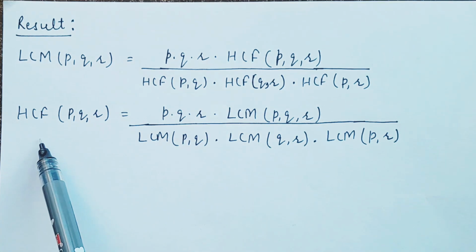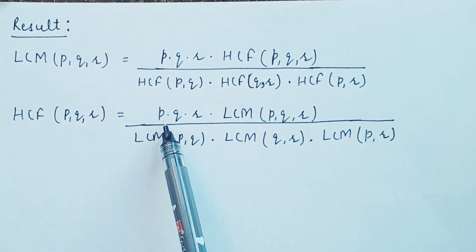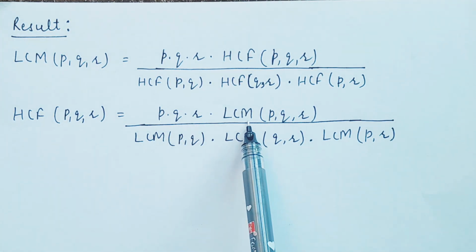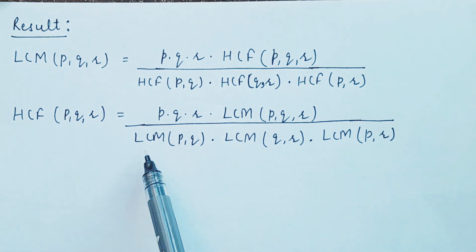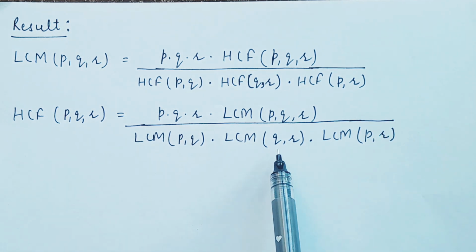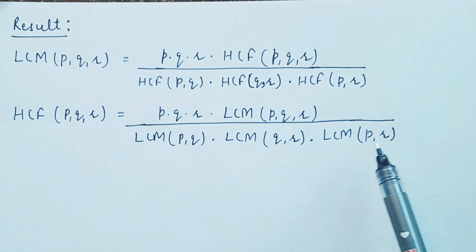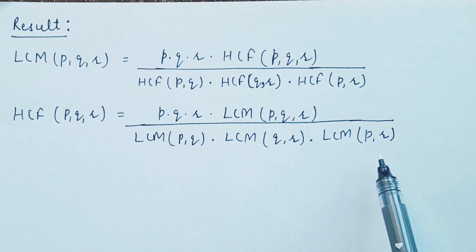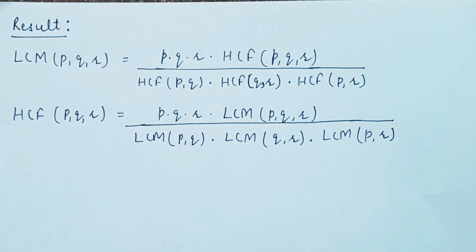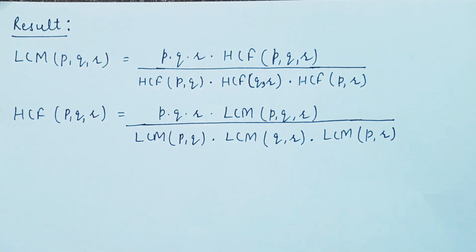Similarly, you can find the HCF by the multiplication of the numbers multiplied by their LCM, divided by the LCM of the first two numbers multiplied by the LCM of the last two numbers and the LCM of the first and last number. So by this method you can find the LCM and HCF of three numbers.